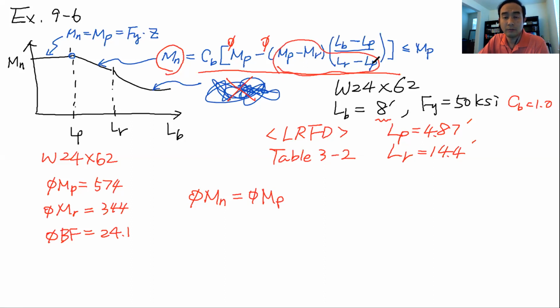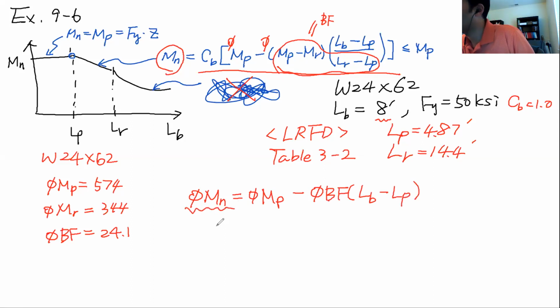And I said that Mp minus Mr divided by Lr minus Lp is equal to BF, right? So this minus phi times BF times Lb minus Lp will be our nominal factored moment. Okay, so just plug in those numbers.